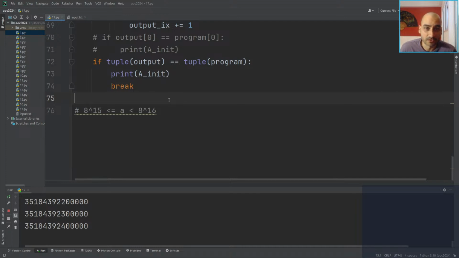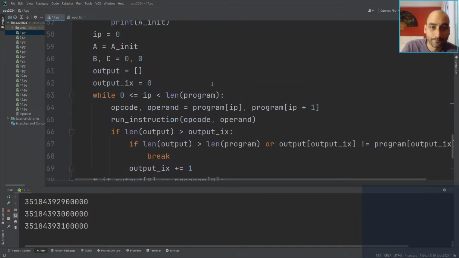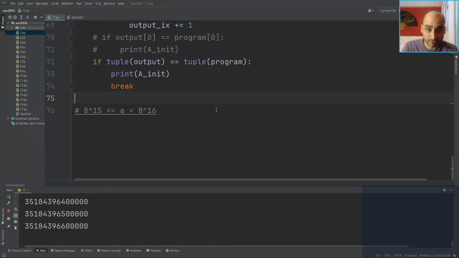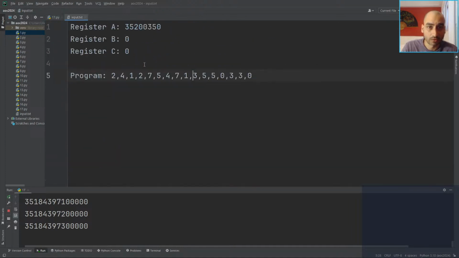Can't think what else to do. This is so confusing. We know the bounds for A. That will get us the exact number of things to match the program. But we need every outputted thing to match now. So we've sorted out the jump condition. That's fine.